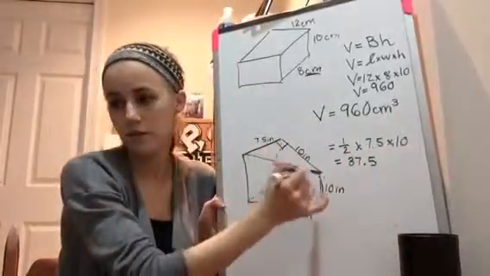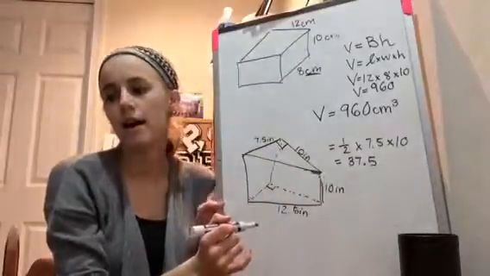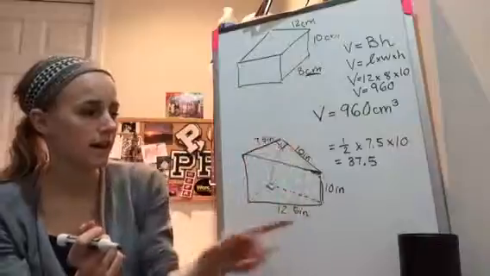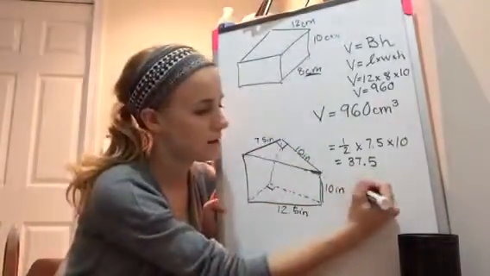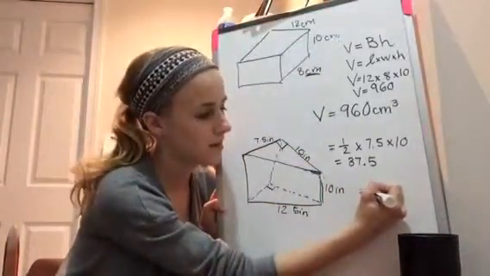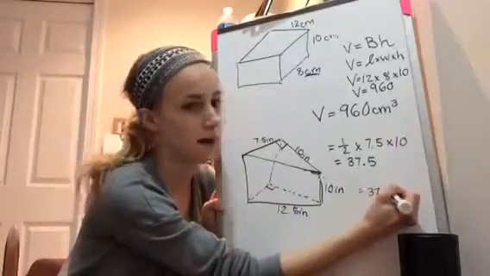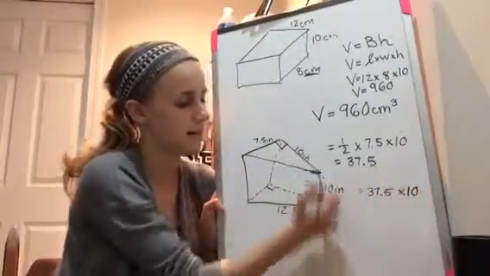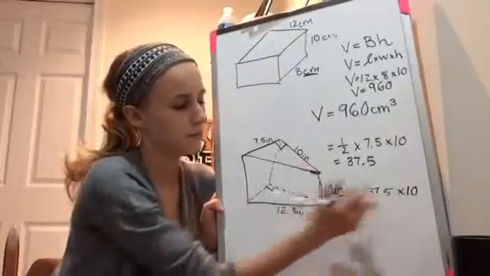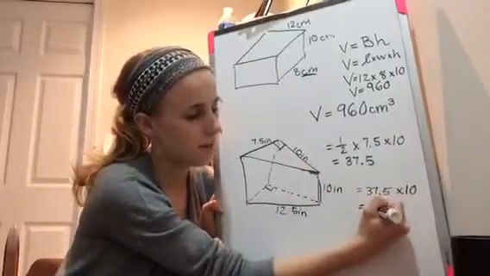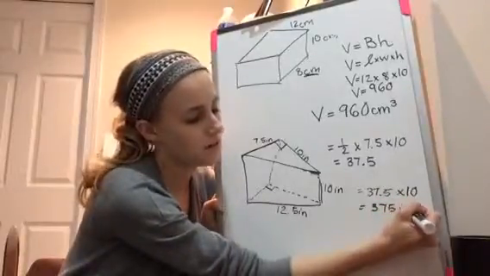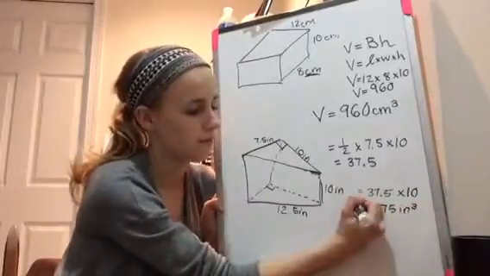That only deals with this here. I have to then multiply it by the height. So I'm going to do 37.5 and multiply it by 10 since that's our height here. When I do that, I get 375, and then don't forget your inches cubed for the volume.